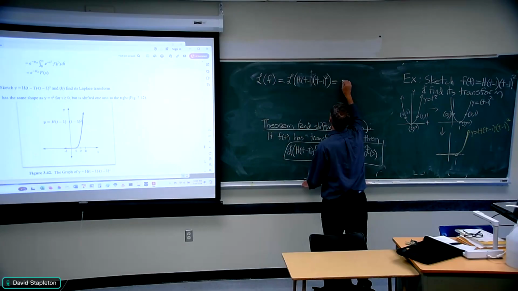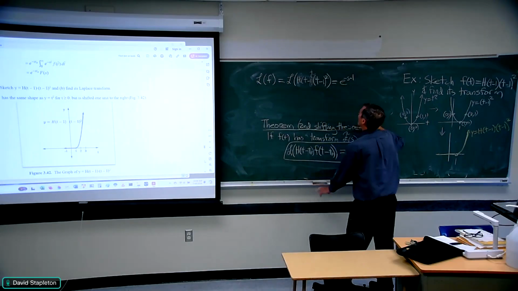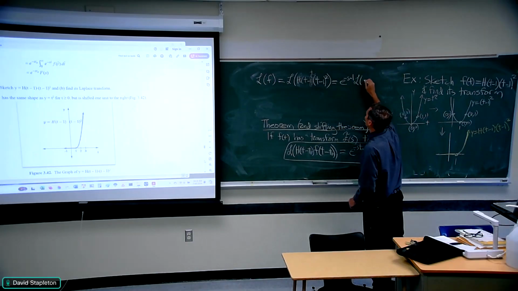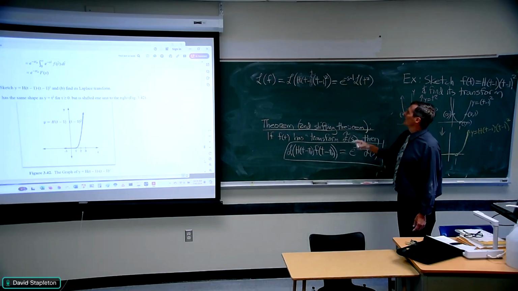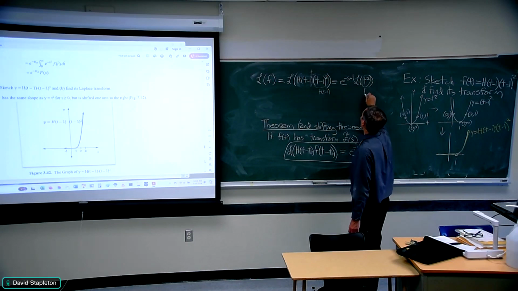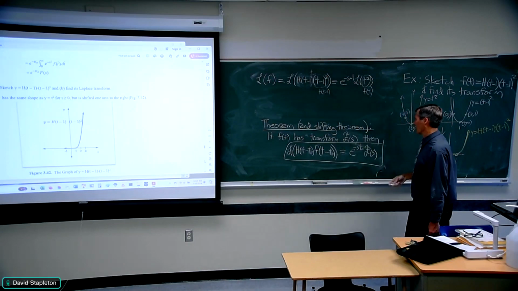So it's e to the minus s times 1 times the transform of the function without the shift, f of t, L of t squared. Right? So this is f of t minus 1. This is f of t. That's what the theorem says.